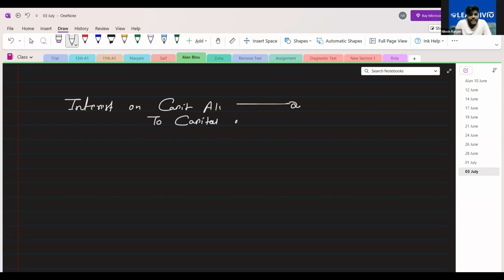This is the journal entry, and for the interest calculation, what is the amount of capital? 1,50,000, multiplied by the rate, 6%, 6 by 100, into the time, 9 months. So 9 by 12.